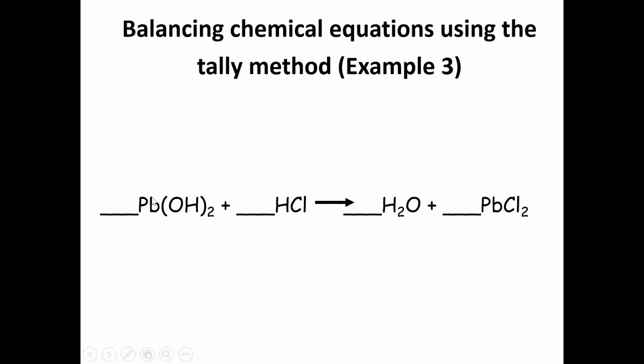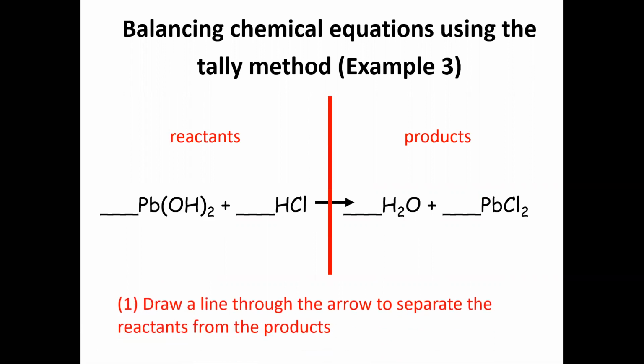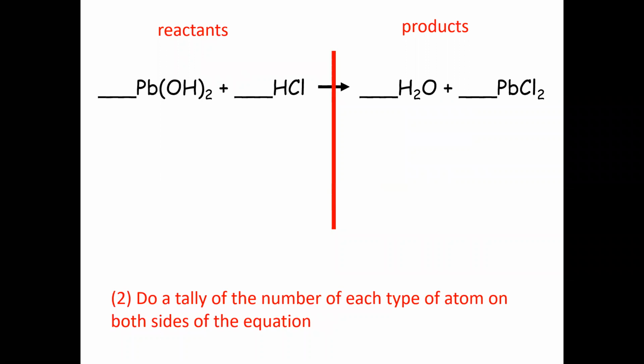So what you can see there is you've got lead and you've got hydroxide, okay, ions there. You've got a 2 outside those brackets, which would apply to the hydroxide. You've got HCl, you've got H2O, and again, you've got lead chloride here. So again, you do the same thing, reactants and products separated by an arrow. Separate the arrow with a line. And then you can see that you've got your reactants and products separated.